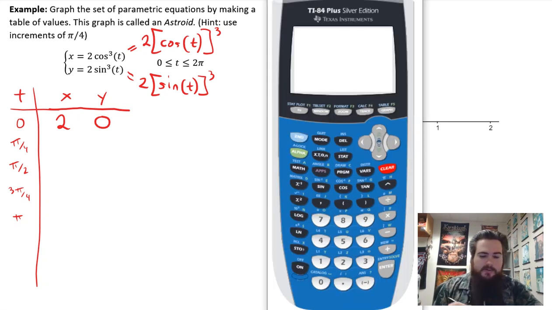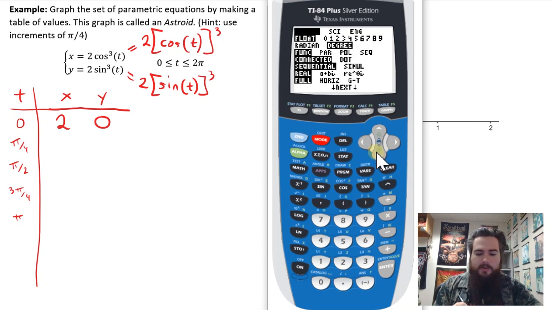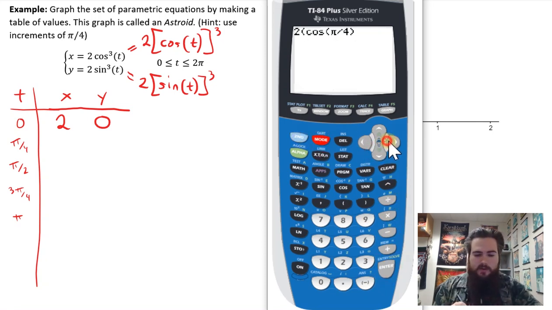But we can use a calculator to approximate that and get the same thing, and I'll do that in this particular case. So I'll do 2 times cosine of pi over 4, making sure real quick that I'm in radian mode, since we are plugging in a radian measure for cosine here. 2 times cosine of pi over 4, and that is taken overall to the third power.